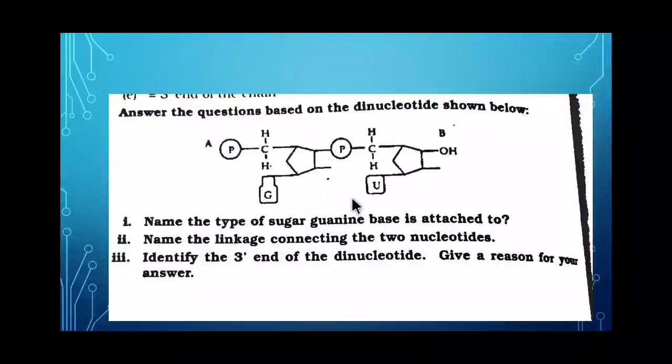So in this figure, you see that the nucleotide which has nitrogenous base as uracil and the ribose sugar has the free 3' OH. So this one will be the 3' end of the dinucleotide. That means the uracil which is attached to the ribose sugar has a 3' OH group.